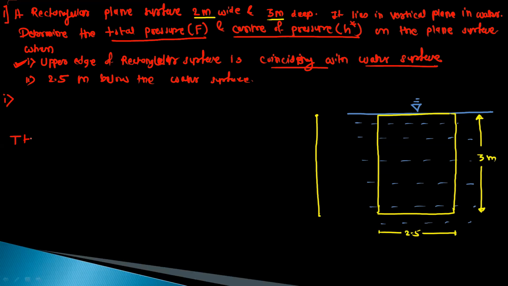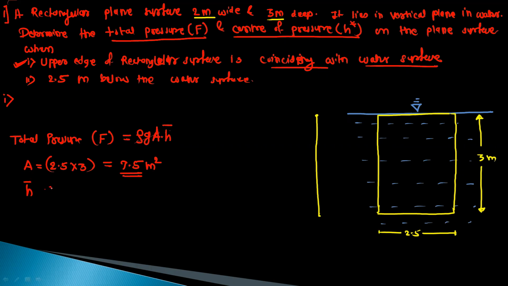So total pressure, which is the F value, its formula is rho g A h bar. Okay, so A is the area of the plate. So what is the area? 2.5 into 3 meter. So this is 7.5 meter square.